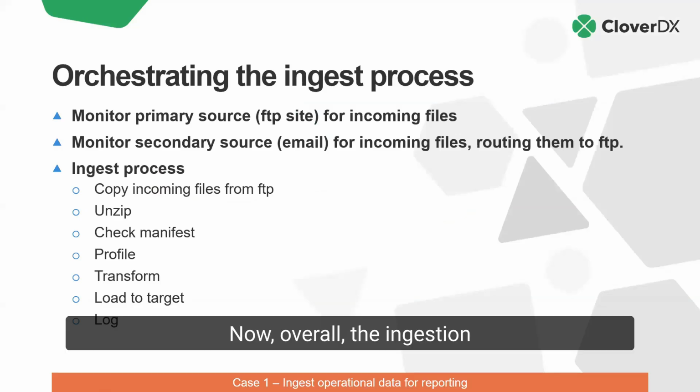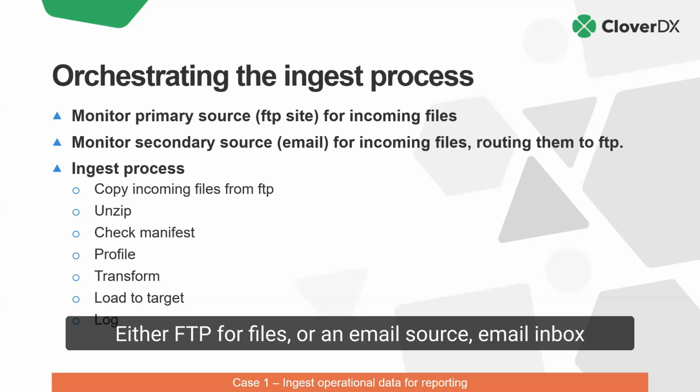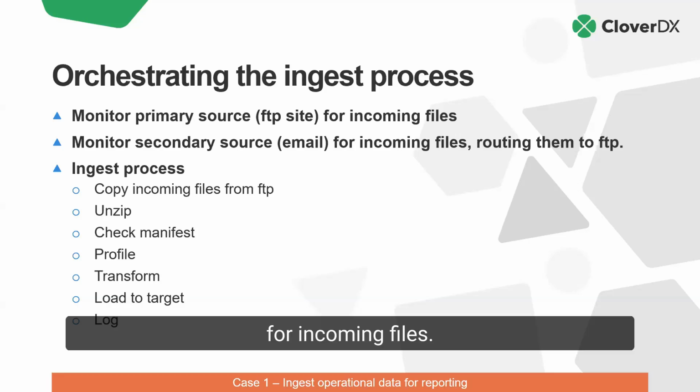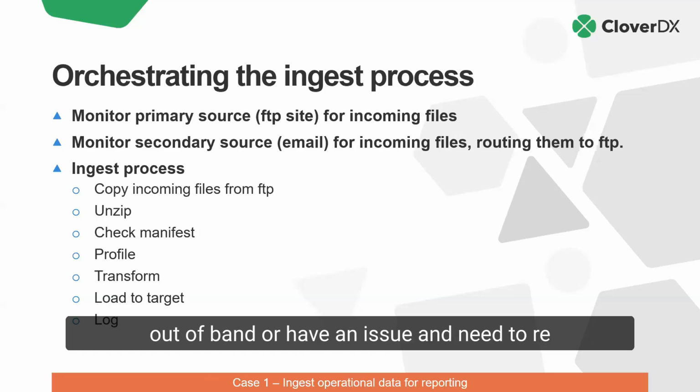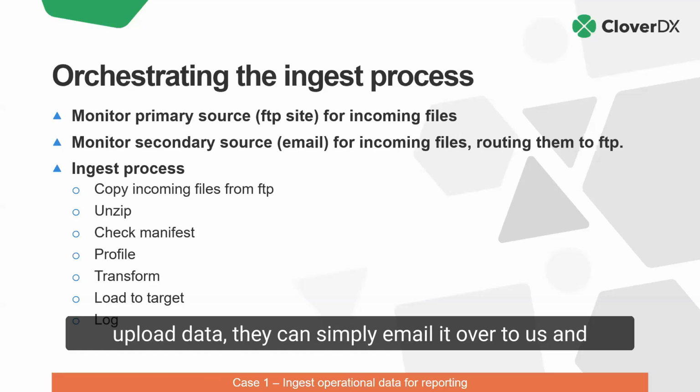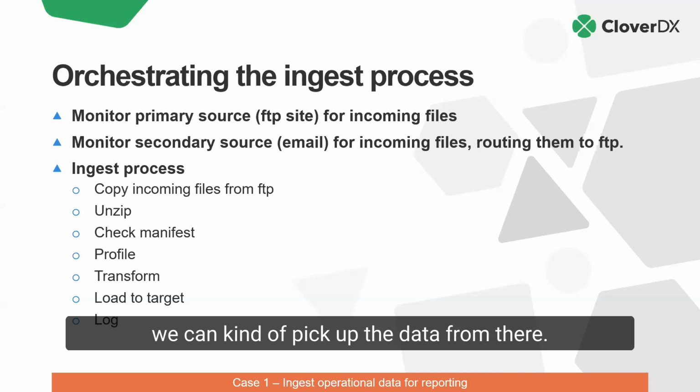Now, overall, the ingestion pipeline is pretty standard. We're monitoring two different sources, right? Either FTP for files or an email inbox for incoming files. That way, if for some reason they need to process data out of band or have an issue and need to re-upload data, they can simply email it over to us, and we can pick up the data from there.